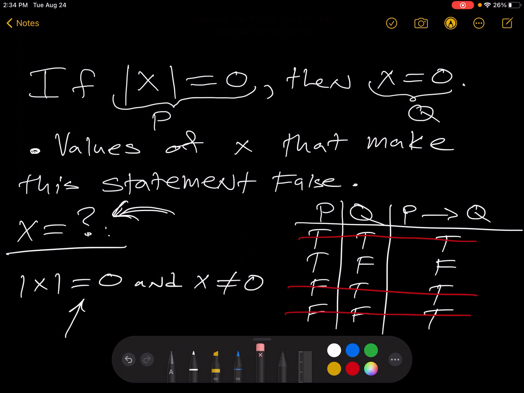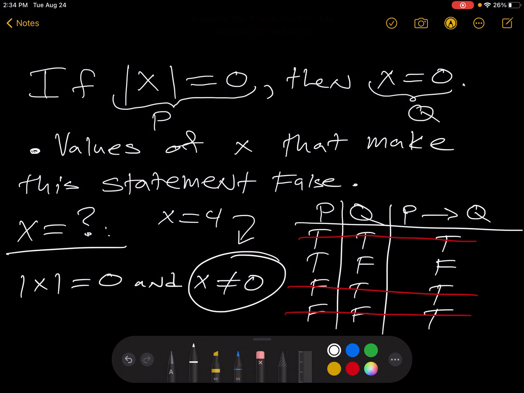Well, this is impossible, right? This is impossible. Because think of an and. An and is true when both statements are true. So if we find something that's not 0, then its absolute value will not be 0. Let's say we chose x equals 4.